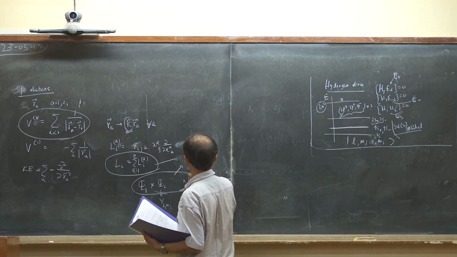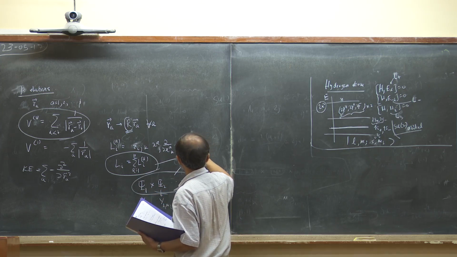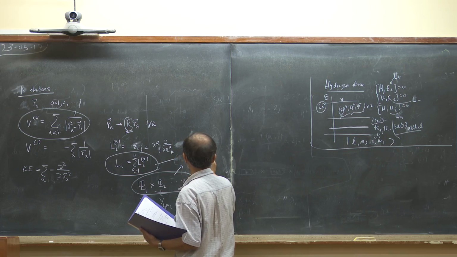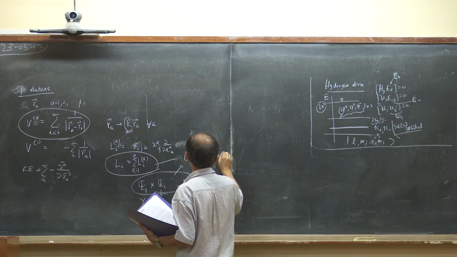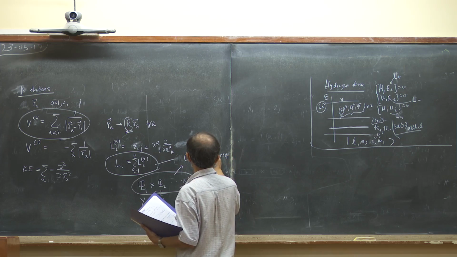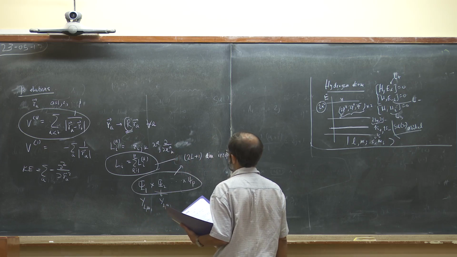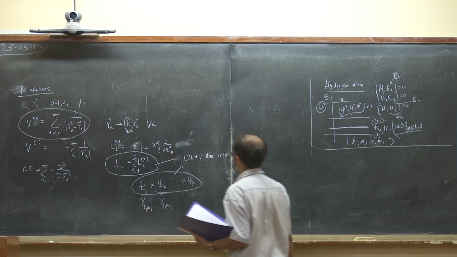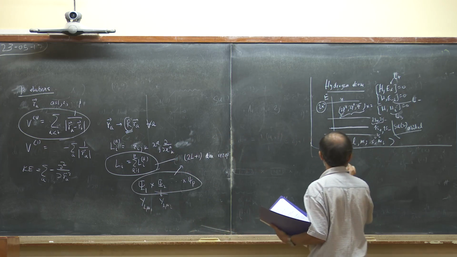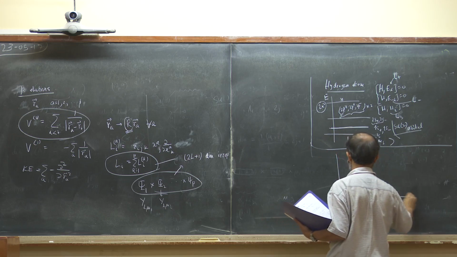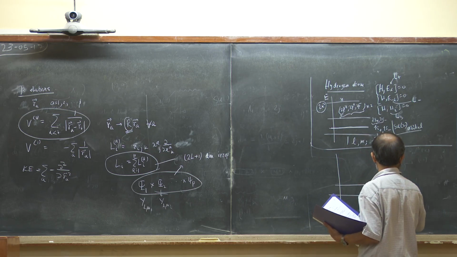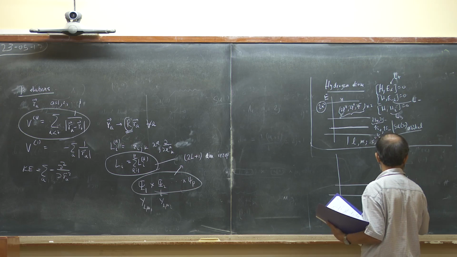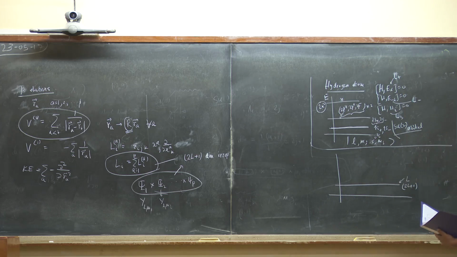You will have various kinds of L values with 2L plus 1 dimensional irreducible representations, each of which will be degenerate. So the story will be given by the capital L values, and the degeneracy would be 2L plus 1.